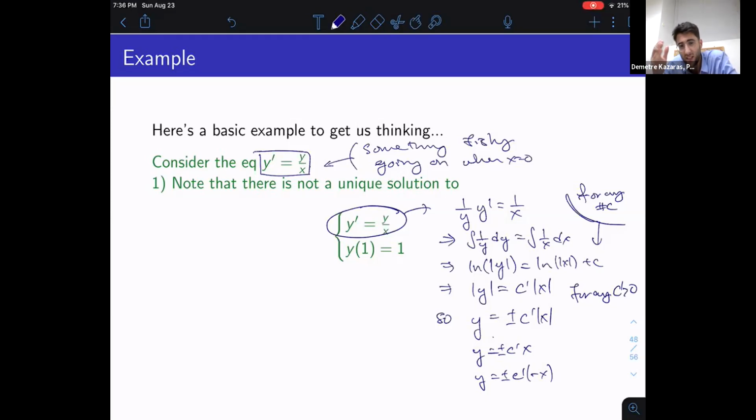So let's take a look. I want y at 1 to be equal to 1. So since y at 1 is equal to 1, what does that mean for the constant? Well, that tells us that c prime has to be 1, and y should be equal to plus or minus x. Well, actually, maybe I don't like what I just did.